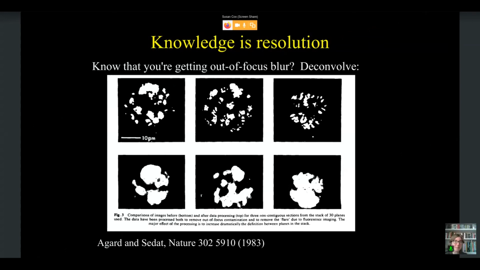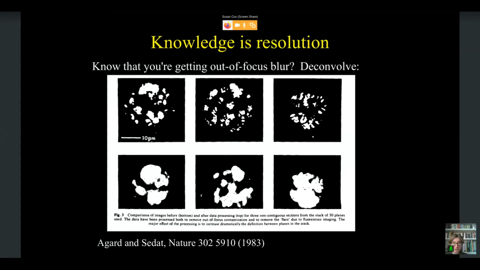This is an example from back in 1983 by Agard and Sedat, where they used images of a zebrafish embryo, and I show the unprocessed images on the bottom. They used the fact that they knew how out of focus light propagated through the sample, and they were able to remove out of focus light from the images and get back images that were much sharper.